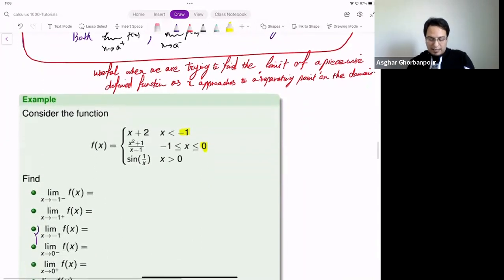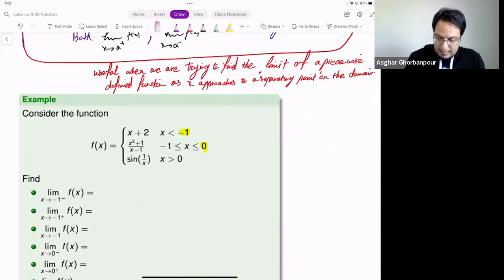Meaning, if someone tells you to find the limit of the function as x approaches -1, you start getting closer to -1, but numbers closer to -1 are included in both of these parts, you see?